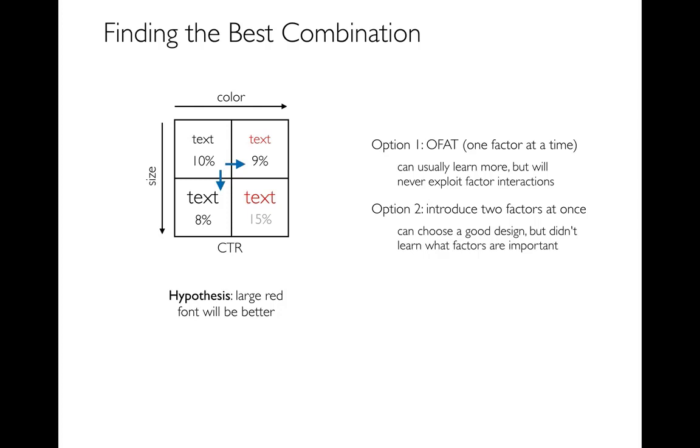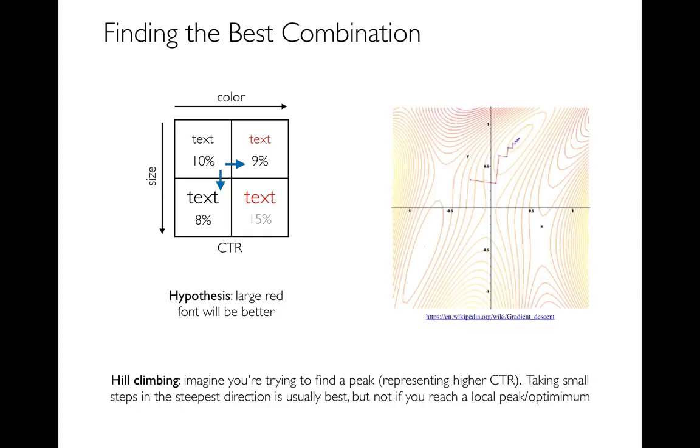Most of the time, it probably makes sense to do one factor at a time, and then occasionally, maybe you will try these sweeping changes where you change lots of things. Something people often refer to as hill climbing. It's an analogy. What you might imagine is that as you're walking around through the mountains, the higher altitude you are, or the closer to the peak, maybe that corresponds to something positive, like a higher click-through rate.